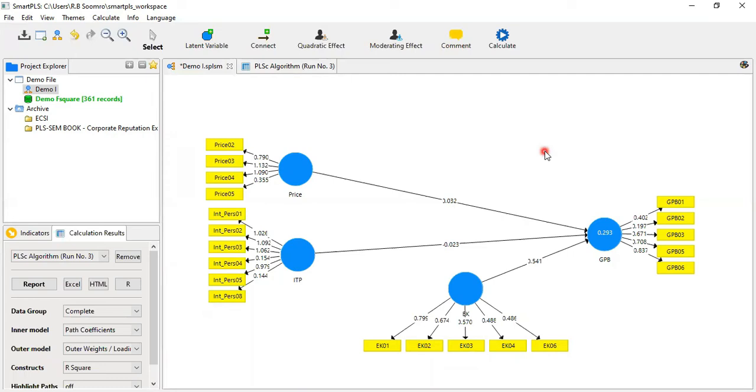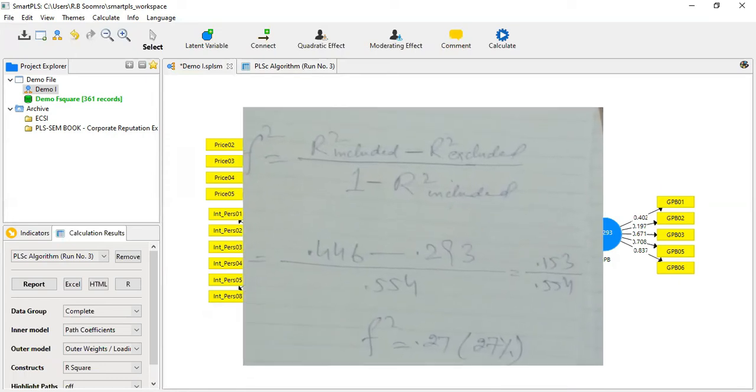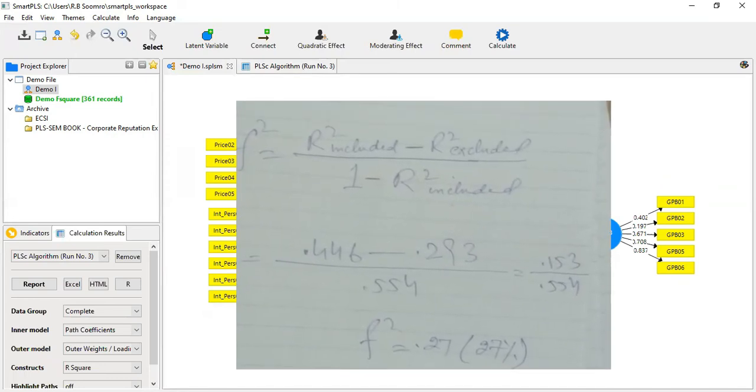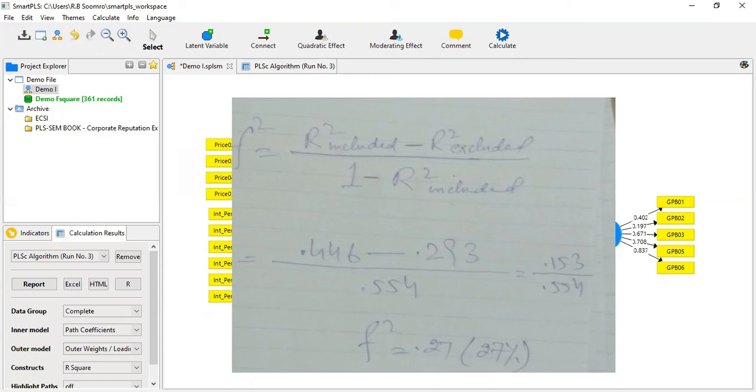As earlier I showed you one formula, now you are looking at the formula here. It is a handwritten formula. In this way, F square: R square included, earlier R square 0.446, minus R square excluded.